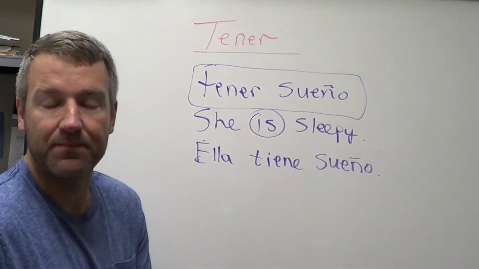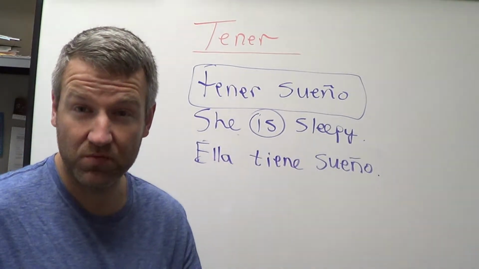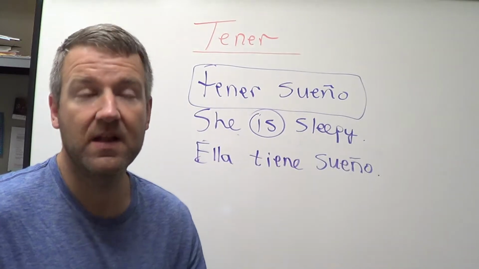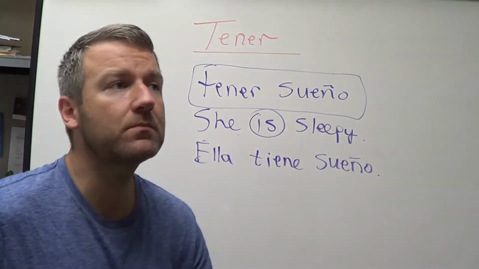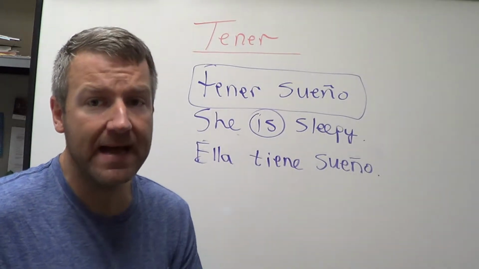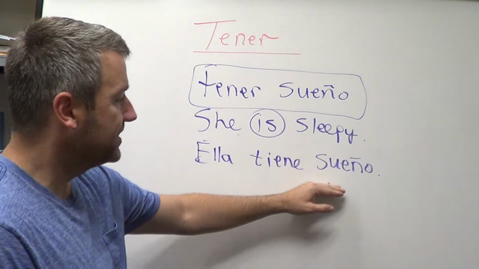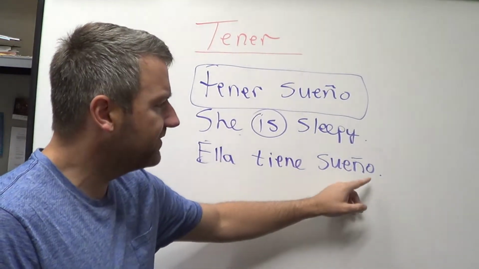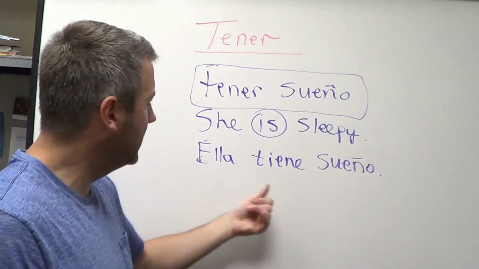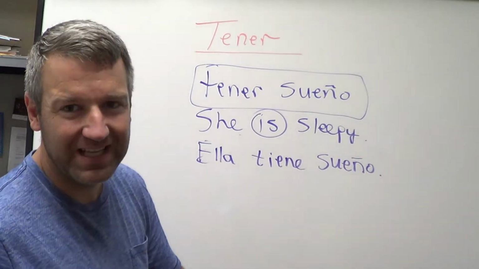She is sleepy. Now, remember a few weeks ago we talked about adjectives, remember? Descriptive words, and how they have to match up exactly with what we're describing. Well, you want to keep in mind that that was a different concept. Some of you may look at the word sueño and say, oh, Mr. Lee, you left sueño with an O, but ella is a feminine word. Well, here's the neat thing.